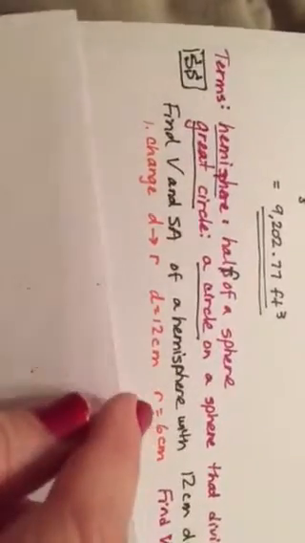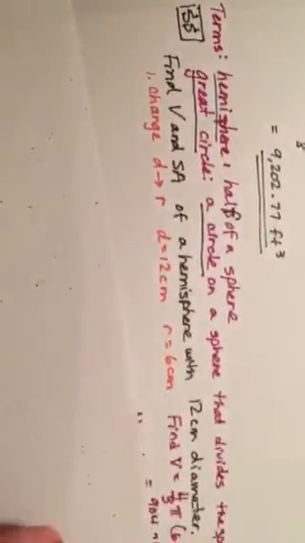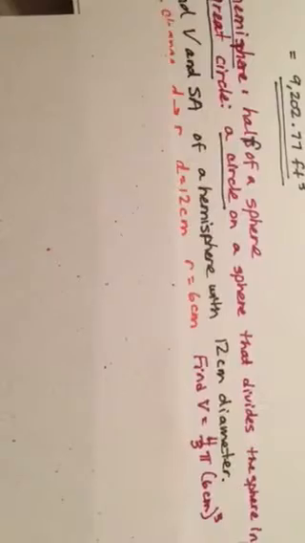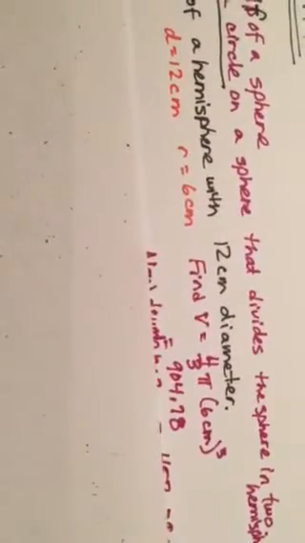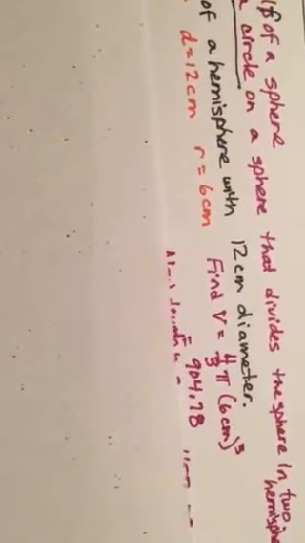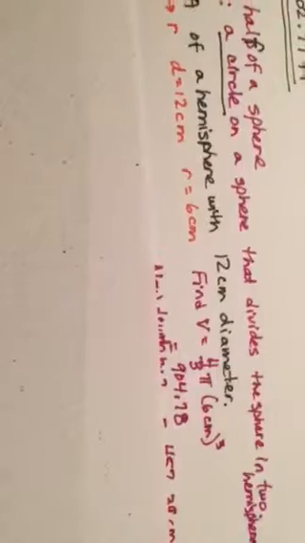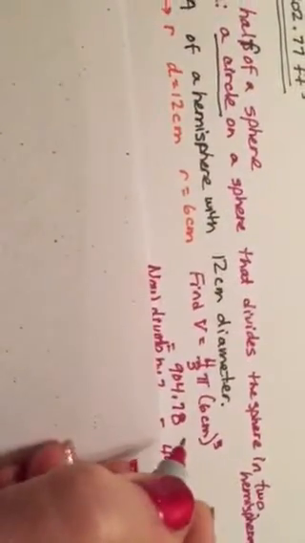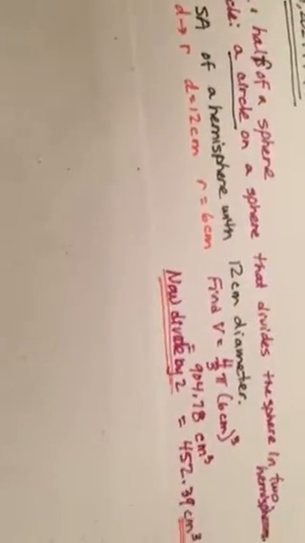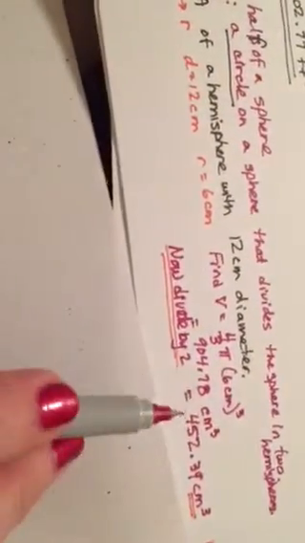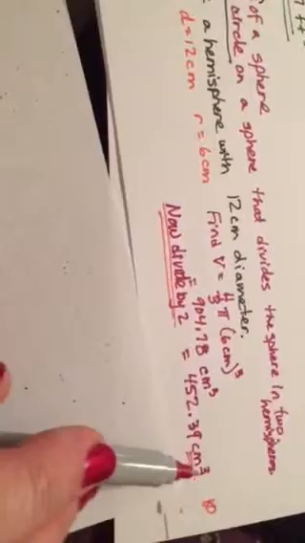Diameter equals 12 centimeters, radius equals 6 centimeters. Volume equals 4/3 pi 6 centimeters cubed, which is 904.78 centimeters cubed. Now we divide it by 2, and we get 452.39 centimeters cubed.